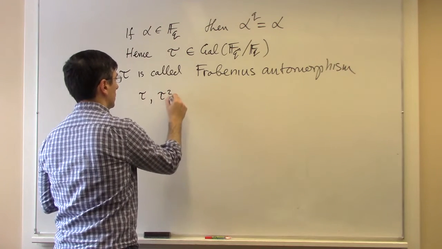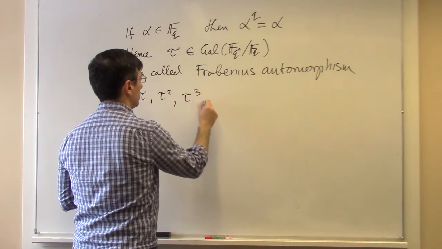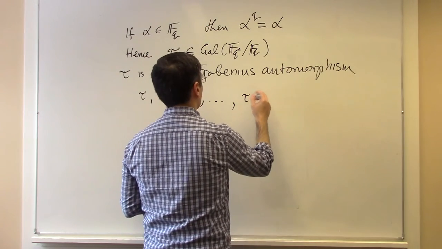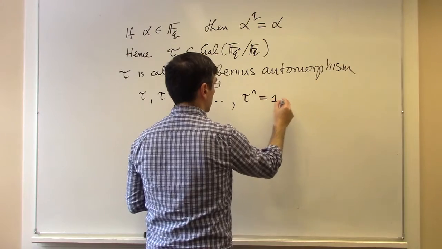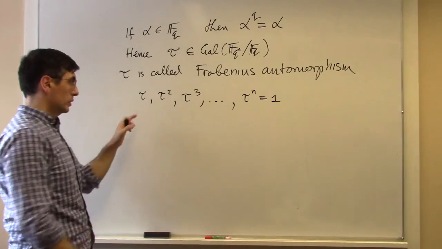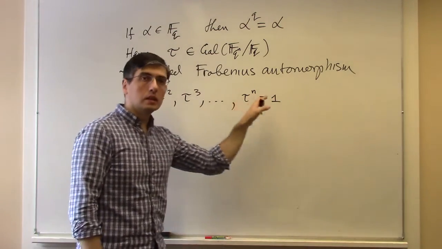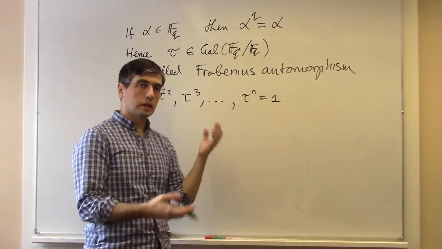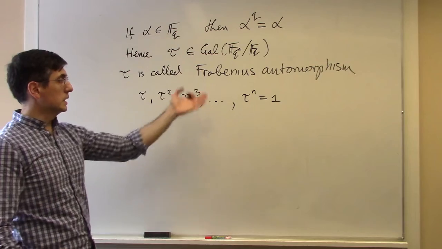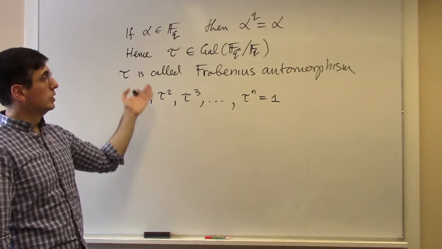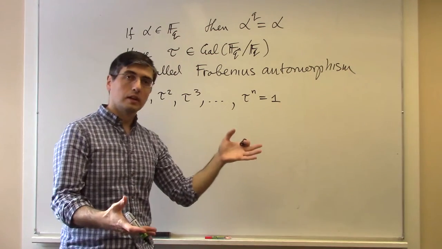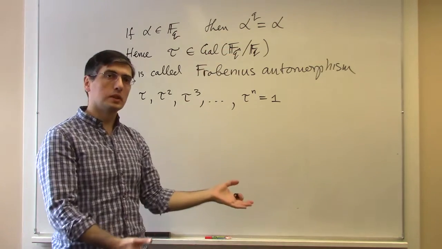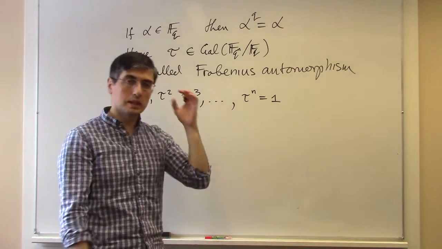So tau squared, tau cube, tau n. Well, tau n will be 1. And I want to claim that this n is the smallest n for which tau n is 1. If I can prove it, then the cyclic group generated by tau already has the same order as the Galois group, so it has to be the whole group, which implies this theorem.